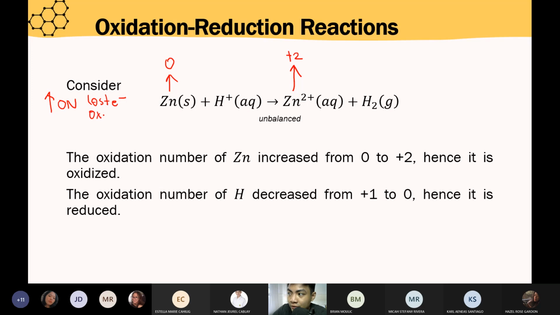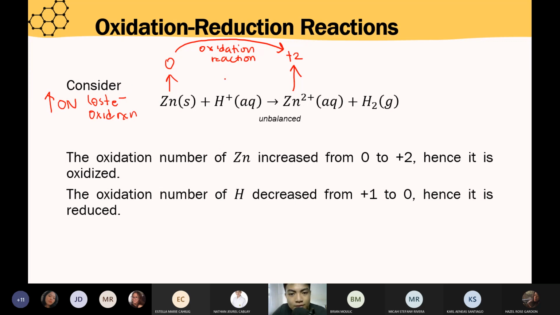Ibig sabihin, it underwent oxidation reaction. So, zinc underwent the oxidation reaction that causes the atom to be more positive. From 0, naging positive 2 na siya. So, oxidation reaction.